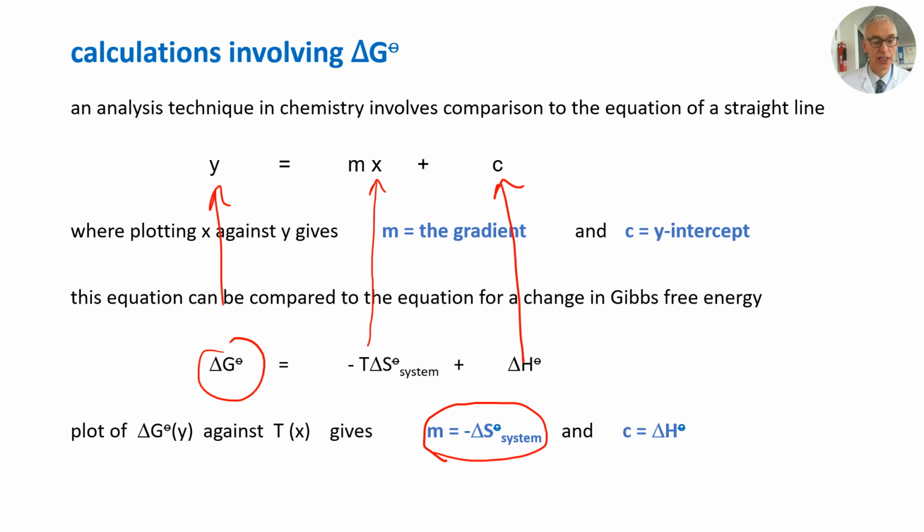So plotting delta G against temperature, we will get a line drawn where the gradient is the negative of the entropy change and the intercept with the y-axis is delta H.